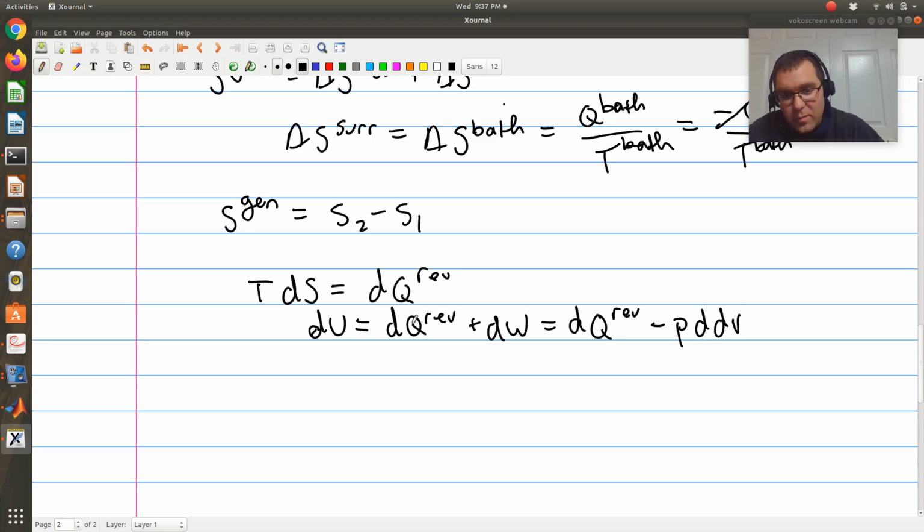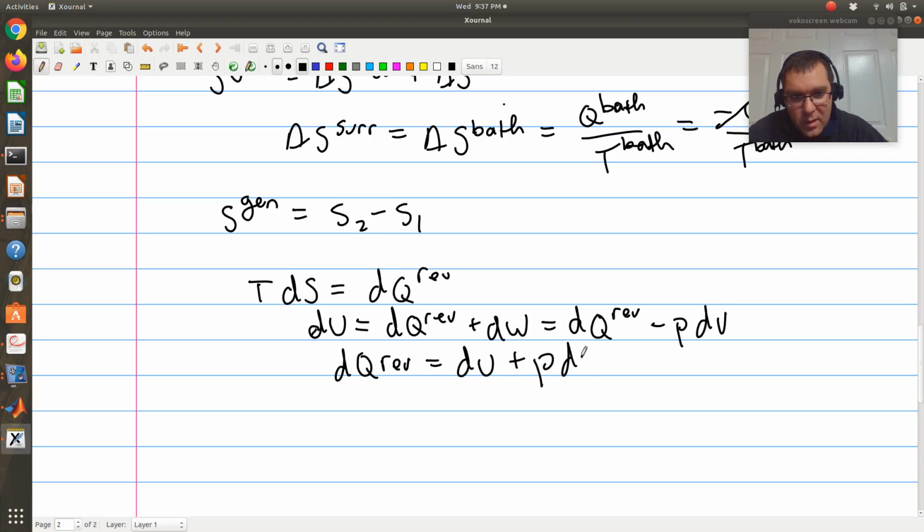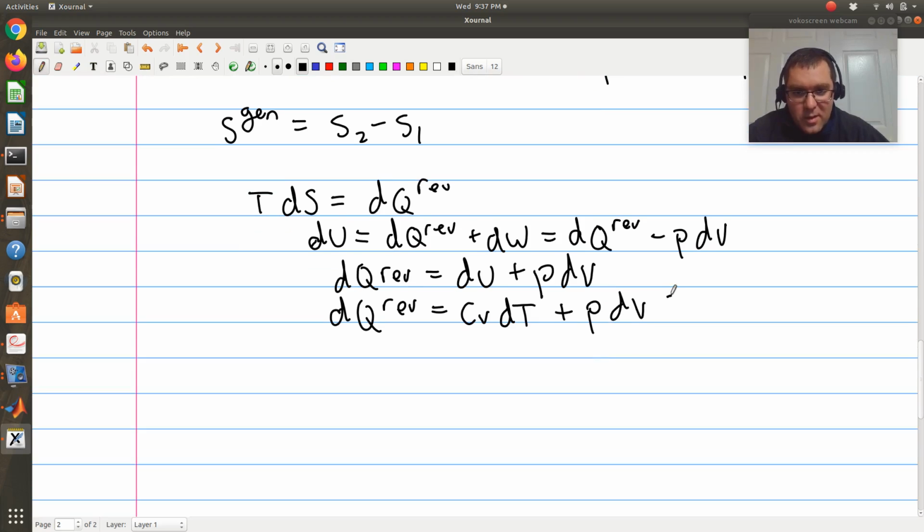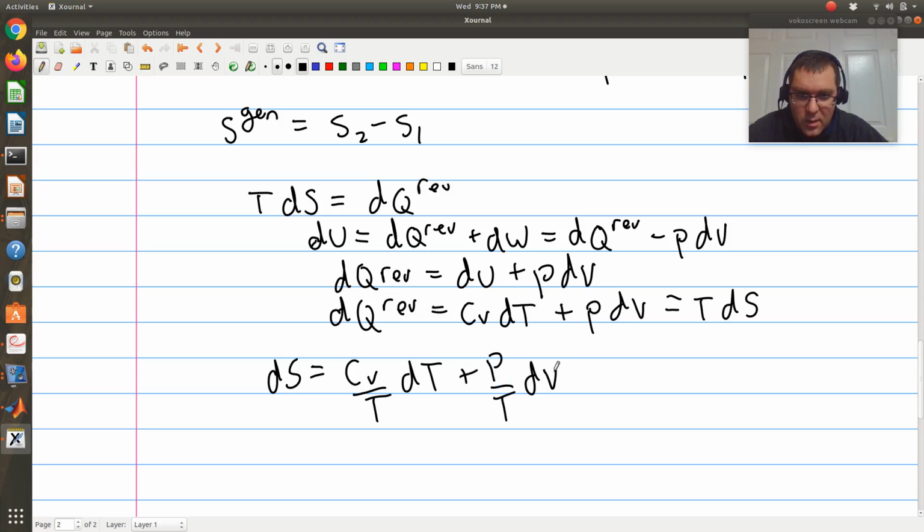Solving for dq reversible is going to be equal to du plus P dV, where du is equal to Cv dT, plus P dV. Now this is equal to T dS. So dS is equal to Cv over T dT plus P over T dV.